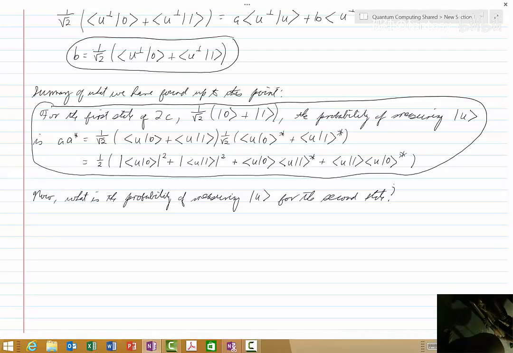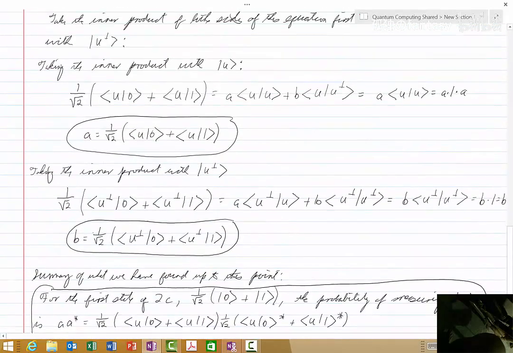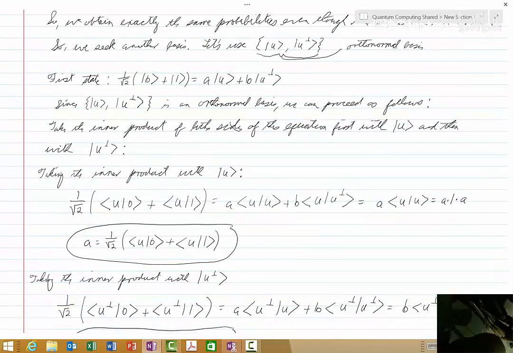Okay, so how do we find the probability of measuring U for the second state? Well, it's going to be extremely similar to what we've just done, but now we need to use the second state. We need to look up here at what we did for the first state. The first thing we did here was to express that first state in terms of our basis, U and U orthogonal.